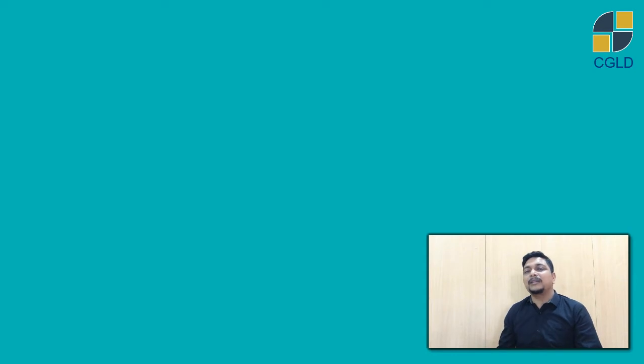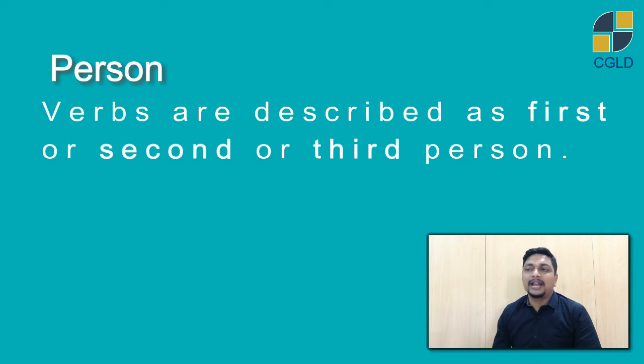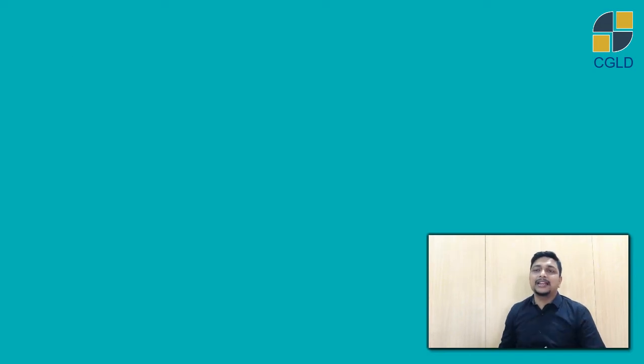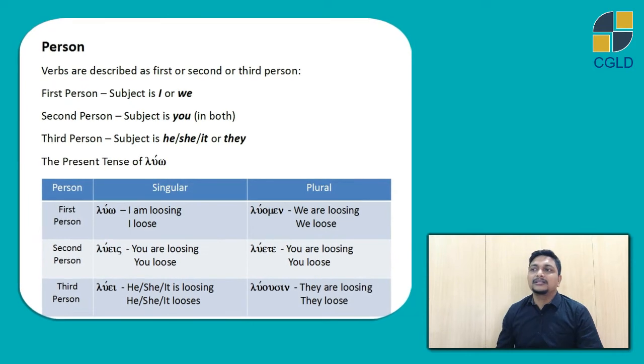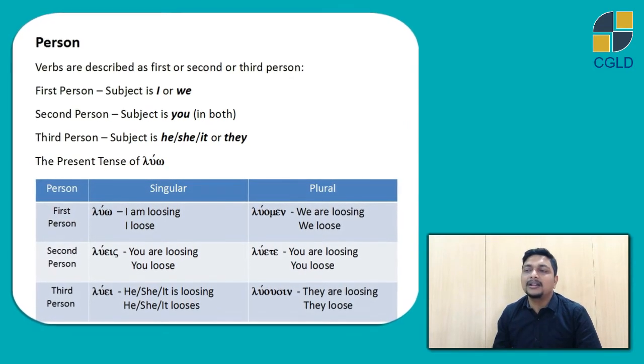Now, there is also something called person in the sentence. We find that verbs are described as first, second, or third person. So there are three persons: first person, second person, and third person. In first person, the subject will appear as I or we: I in singular form, we in plural form.